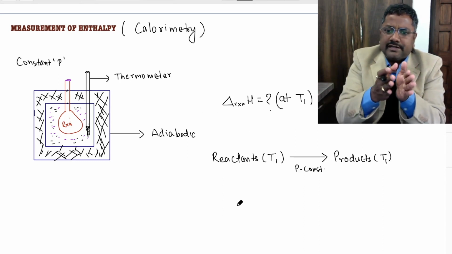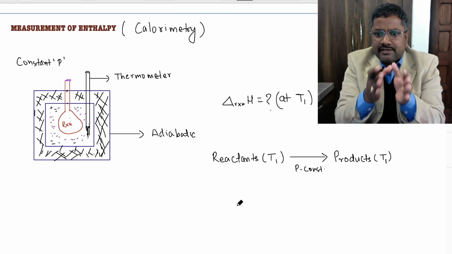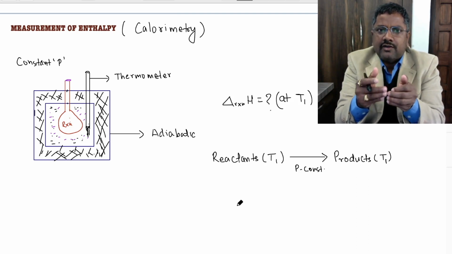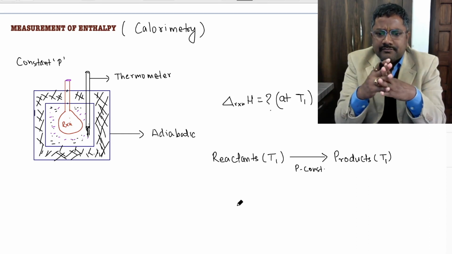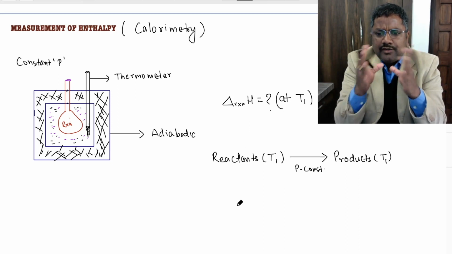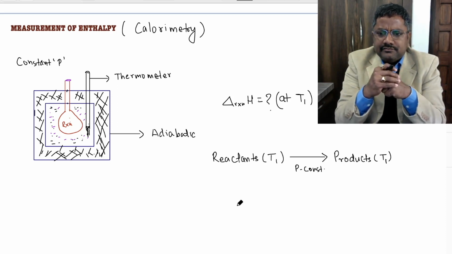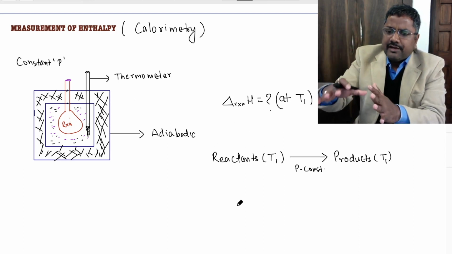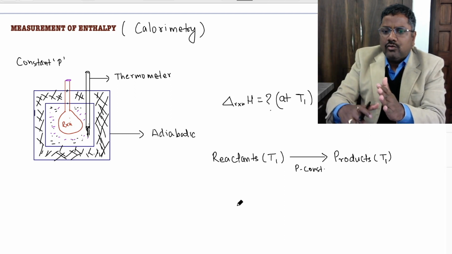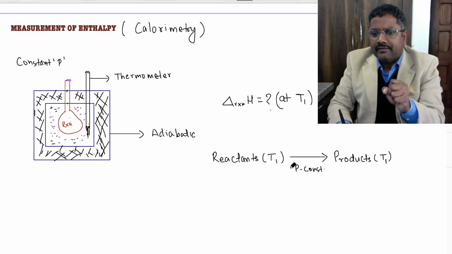Suppose at room temperature, 25 degrees Celsius, the reaction is not happening, and it is required to heat the reaction mixture up to 800 degrees Celsius. No problem, you heat this system up to 800 degrees Celsius, products form, the reaction is completed, and then you cool the whole system again to 25 degrees Celsius.